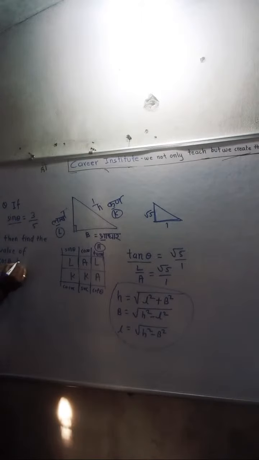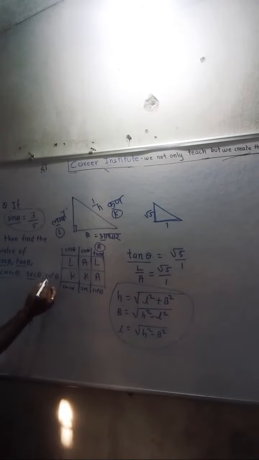Cos theta, tan theta, cosec theta, sec theta, and cot theta. This is the question. Only one value is given, sine theta is equals to 3 divided by 5, and we have to find out the value of cos theta, tan theta, cosec theta, sec theta, and cot theta.